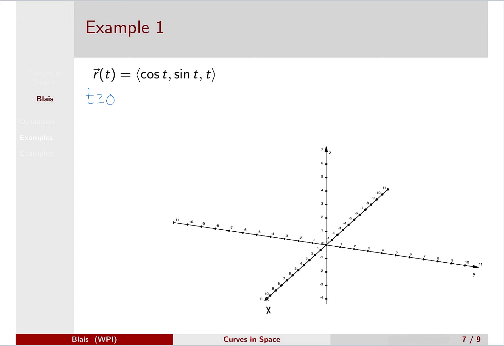Now, one thing that we'll note first is that when t equals 0, we have r of 0 being cosine of 0, sine of 0, and 0. We know cosine of 0 is 1, sine of 0 is 0. So we have the vector 1, 0, 0.